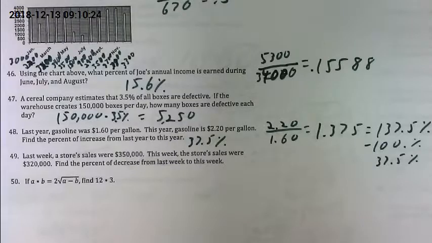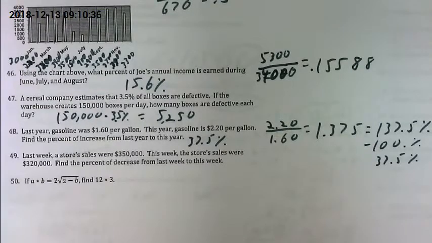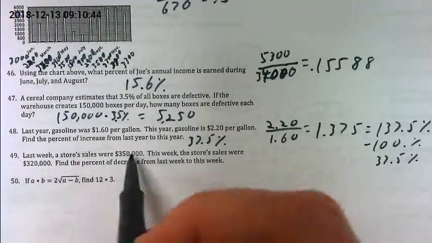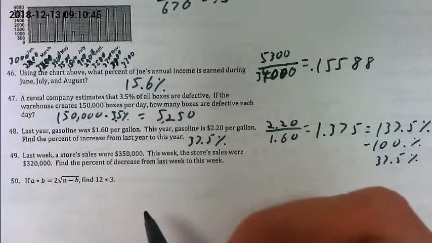On 49, last week, store sales were 350,000. This week, the store sales were 320,000. Find the percent decrease from last week to this week. So I'll go ahead and do this the other way that I was just explaining. So if we want to, we could go ahead and find the difference first here.